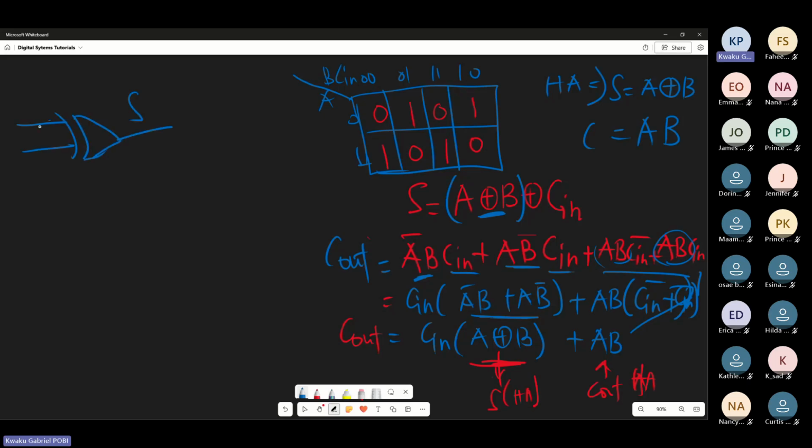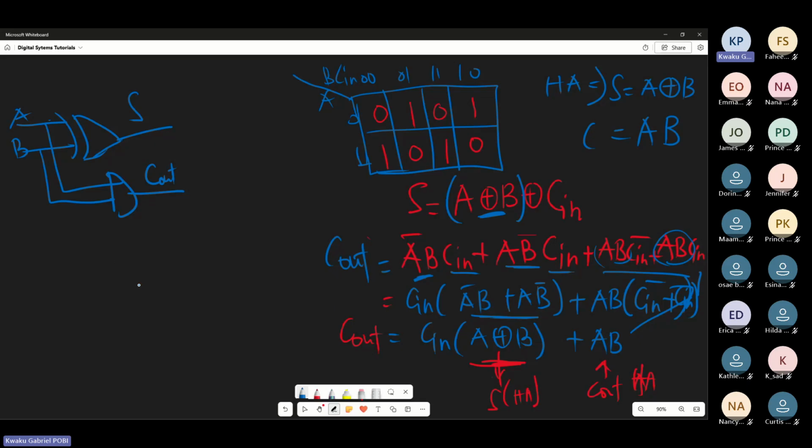So this will give us the sum, A here, B here. And then we'll have the carry being this AND gate, the carry out. Now the carry out is actually going to be a carry in for the next stage, basically. That's what mostly happens.